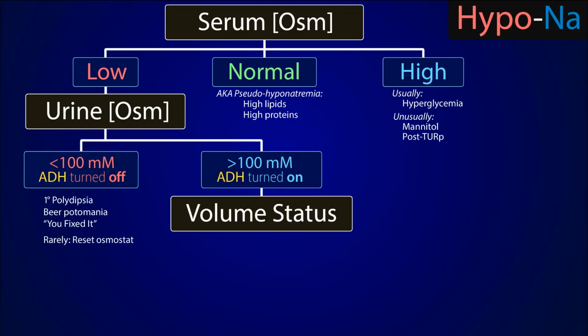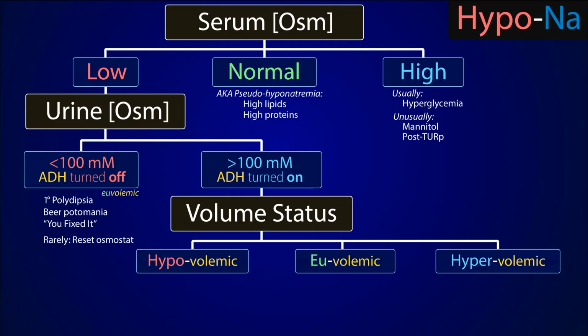So you do a volume status exam on the patient, famously not very effective. There's some more interesting stuff you can do by looking at the urine sodium, but let's not talk about that now. Let's instead just conceptually divide into 3 categories of volume status. You can be either hypovolemic, euvolemic, or hypervolemic.